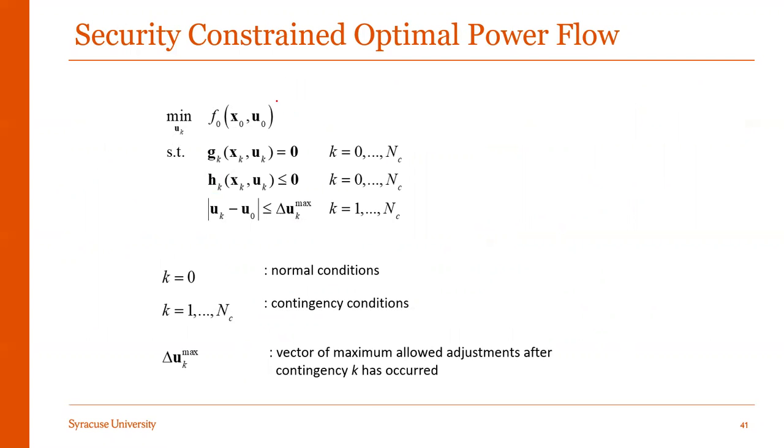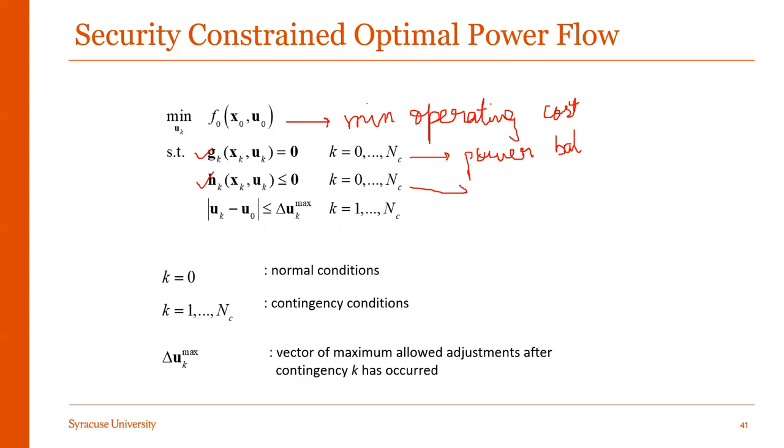The main objective function remains the same. In this case, we are trying to minimize the operating cost. Again, as a basic assumption, this operating cost includes the cost of fuel. As we have already seen before, G_K includes the power balance constraints, and H_K less than 0 includes all the limits and capacity constraints.